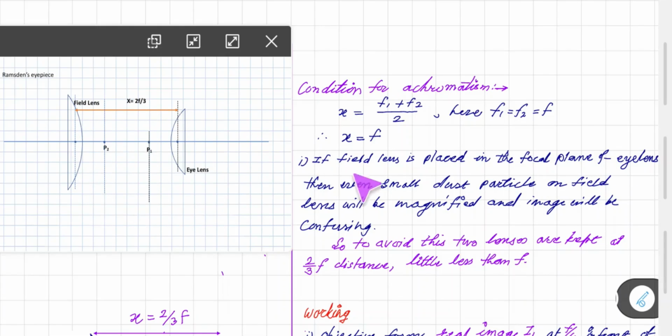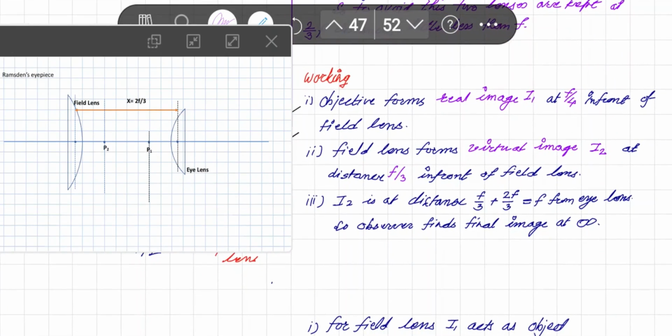Then any small dust particle on the field lens will be magnified and the image will be confusing. So that is why, instead of keeping x equal to f, it is reduced and kept at x equal to 2f/3. To avoid this, the two lenses are kept at a distance little less than f, and that is why the distance is 2f/3.